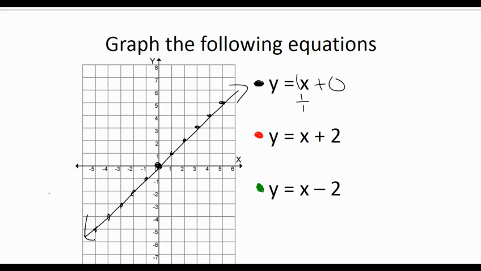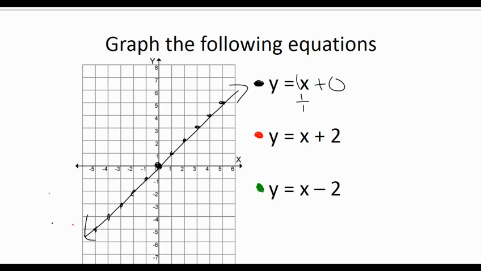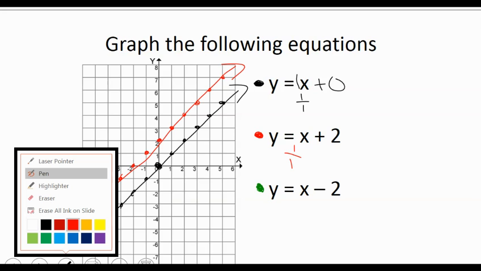All right, I want you to do the last 2. So pause it, try the last 2, and then check. All right, y equals x plus 2. Y-intercept is 2. Slope is 1. So this one's just going to parallel the one we did. And then the last one here is green.